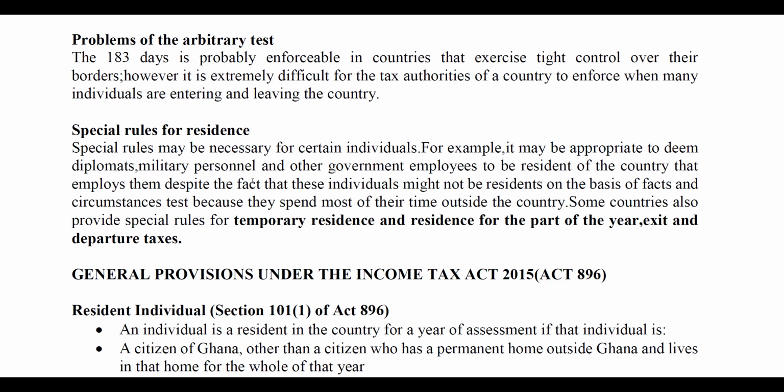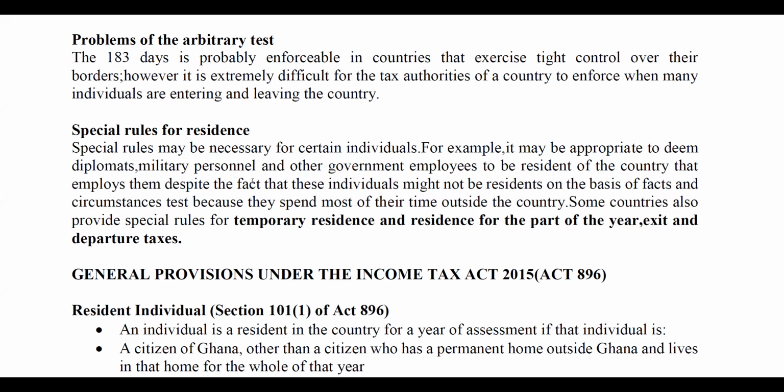Can you easily tell how many days somebody has stayed in Ghana? Or it's difficult? So this is the problem with this arbitrary test. It's difficult because in Ghana, you cannot tell if somebody comes from the US right now, unless you know him, right?